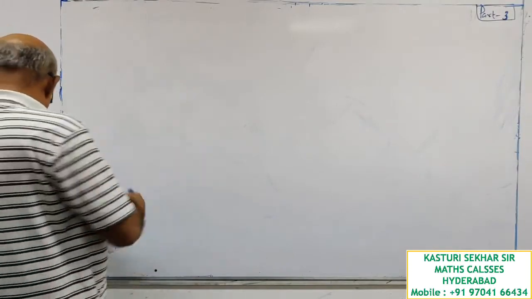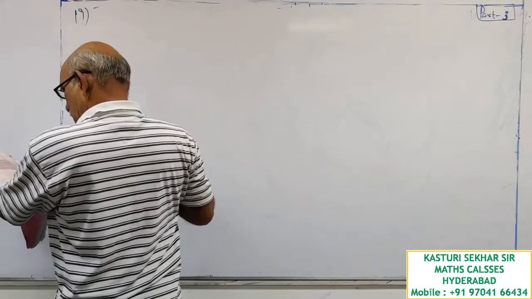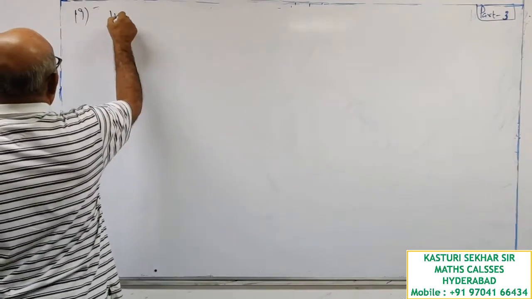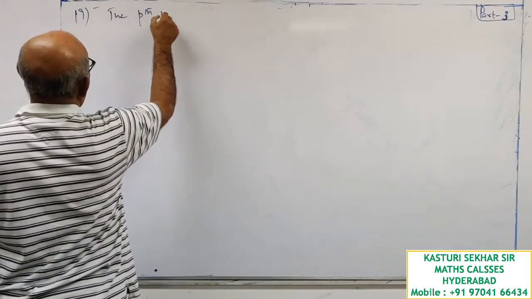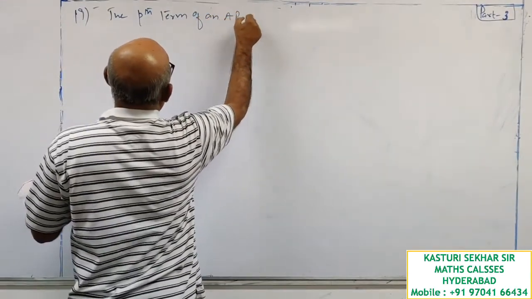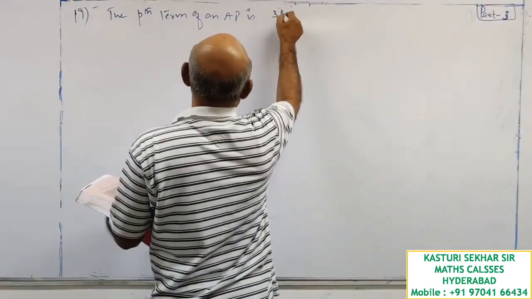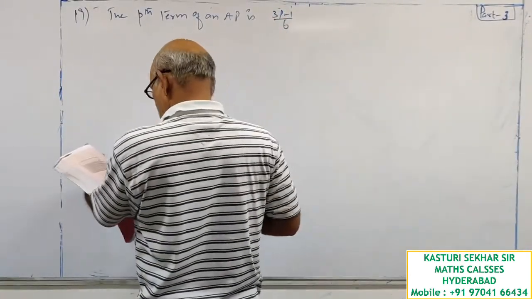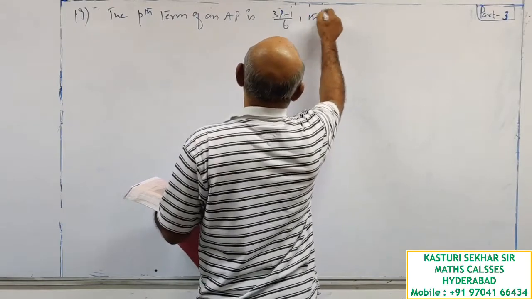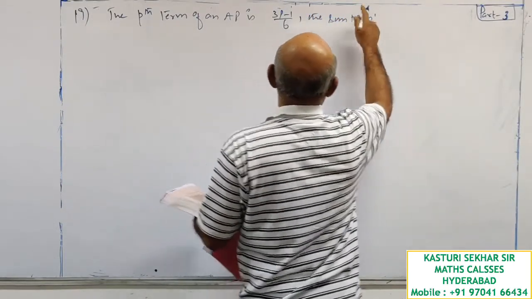Look at the 19th question. The pth term of an AP is (3p minus 1) by 6, the sum to n terms is?